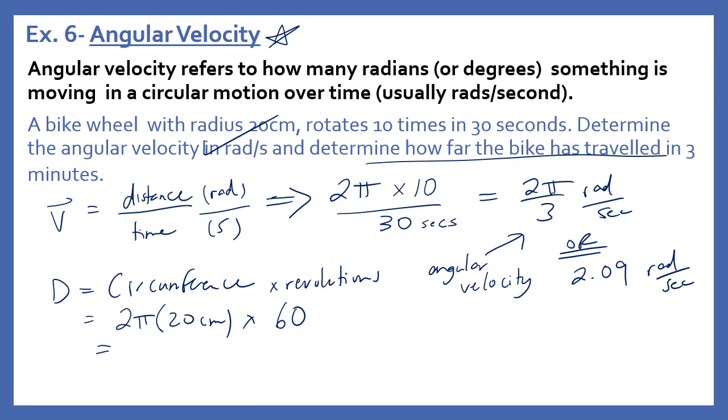If we do that math without entering pi, we would get 2 times 20 is 40 times 60 is 2400. 2400 pi centimeters is how far it would travel. If you were asked for an approximate answer, you would do 2400 times pi.